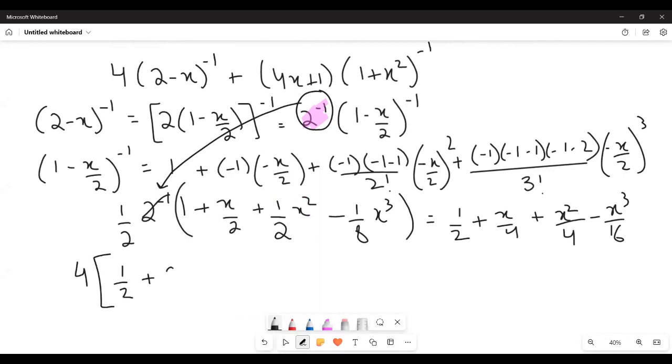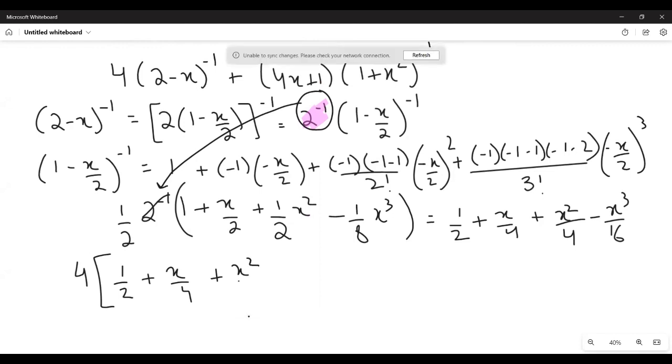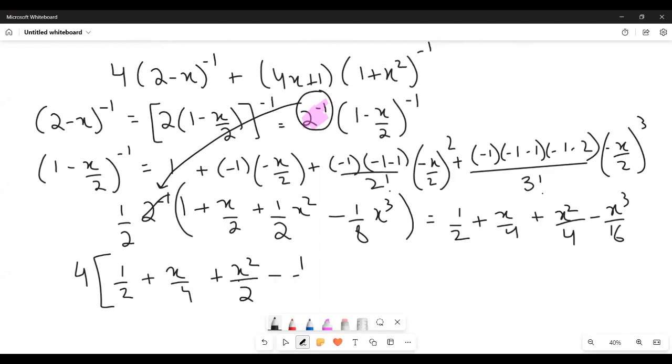Half plus x upon 4 plus x square upon 4 minus, plus x square upon 2 minus 1 by 8 x cubed, which gives 2 plus x plus 2x square minus half x cubed.